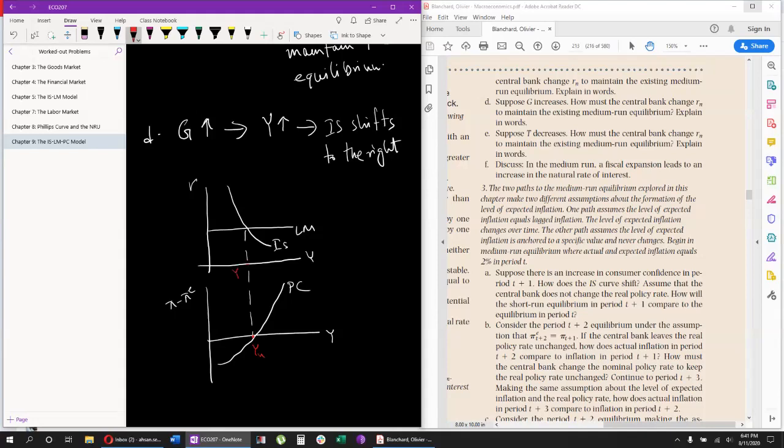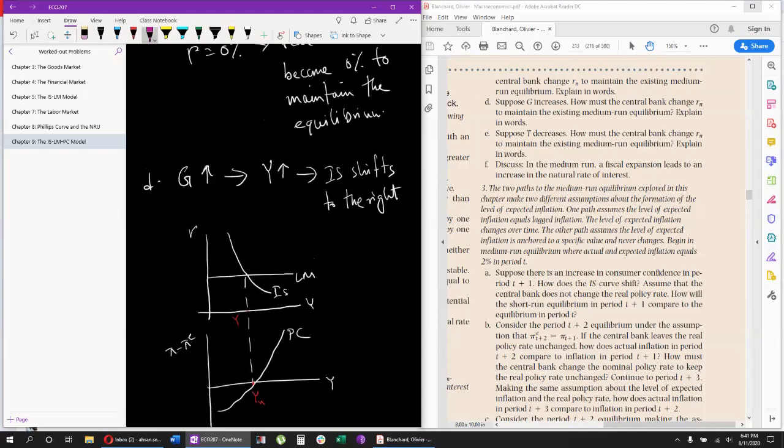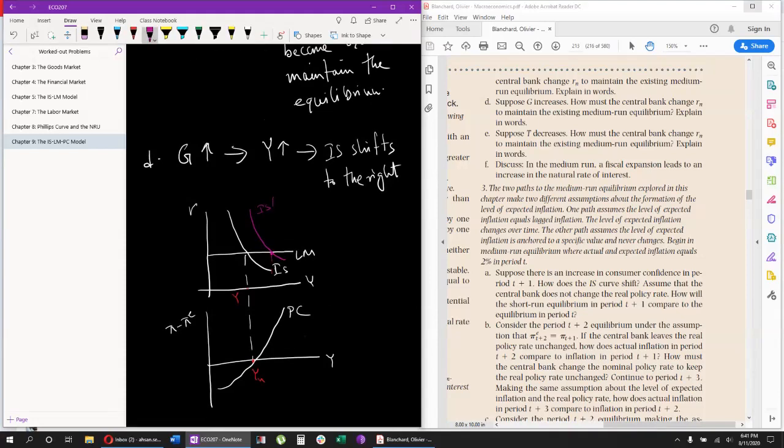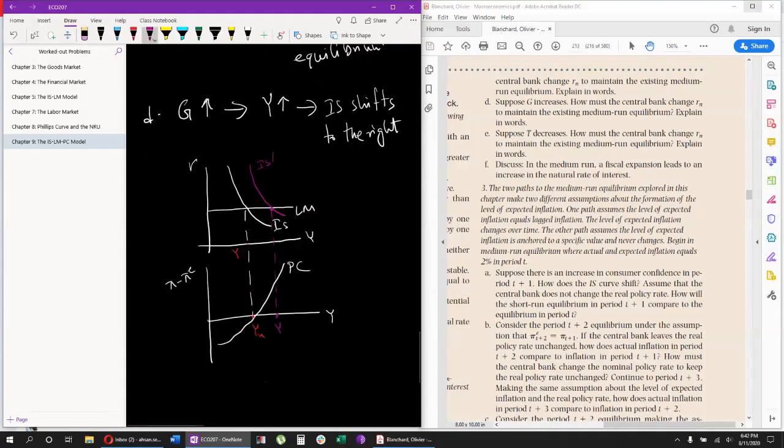Now, according to the question, G is increasing. Because G is increasing, we're going to notice that the IS curve is going to shift to the right. So this is the new IS curve. Let's call it IS prime. What that means is we end up in this situation where Y is more than Yn.